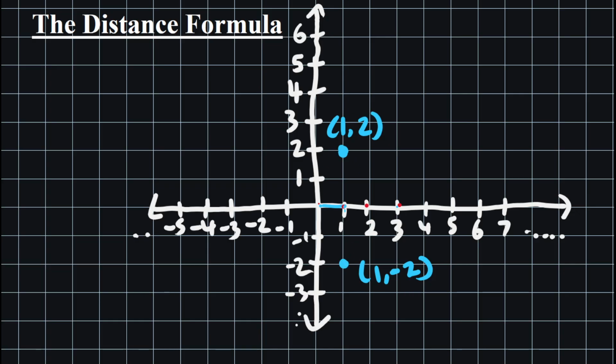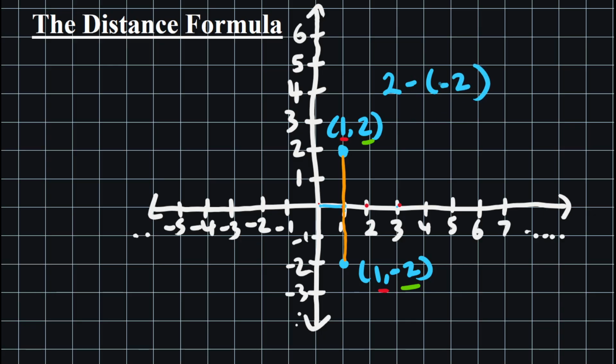And let's say we want to find the distance between these 2 points. So they have the same x-coordinate, 1 and 1. But check this out, they have different y-coordinates, 2 and -2. So all you have to do is subtract them. So let's subtract them, 2 minus -2.